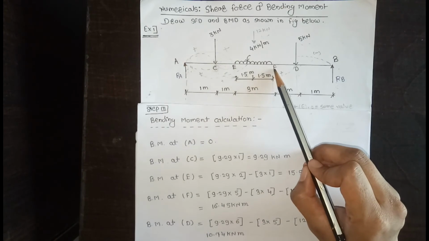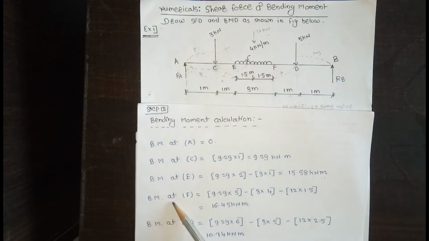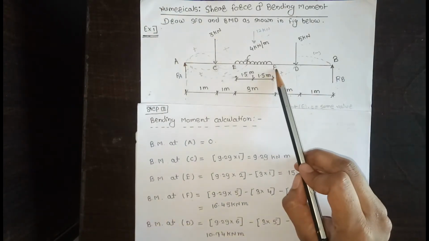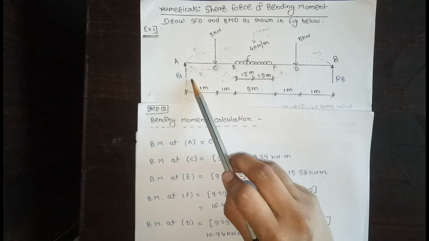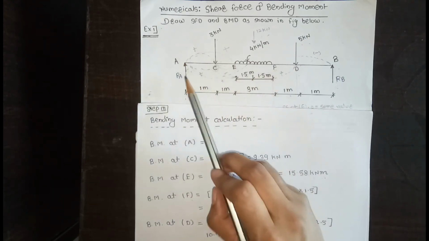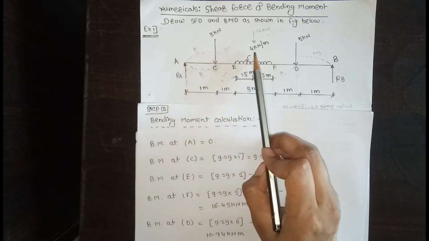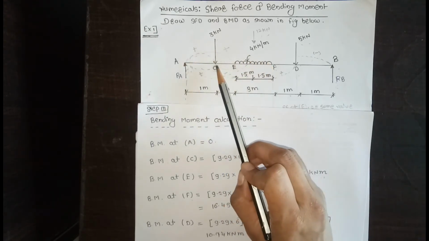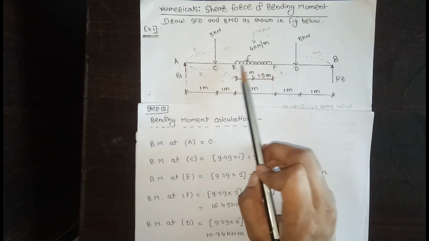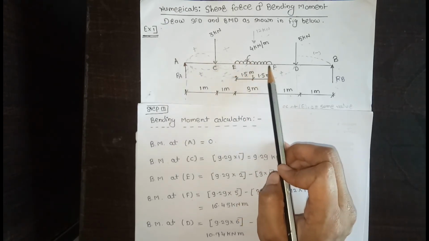Then next point, bending moment at F. How many forces act in the left section from point F? First, second, third. The first force is rotating clockwise, the second anti-clockwise, the third anti-clockwise.